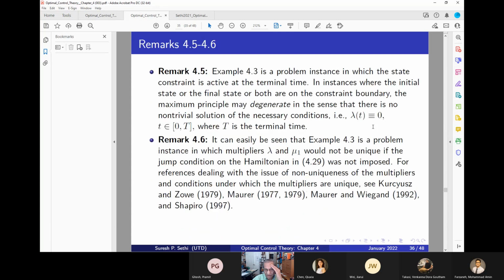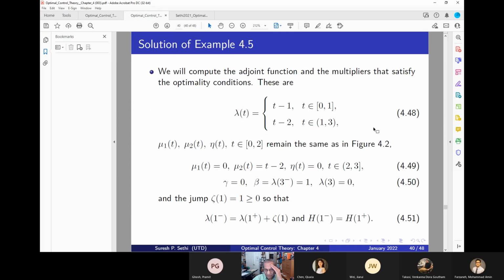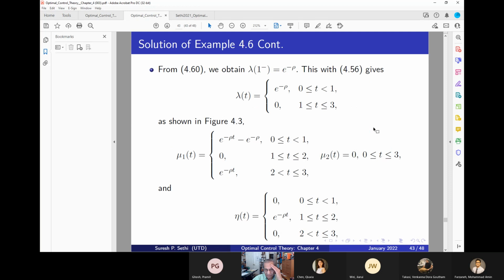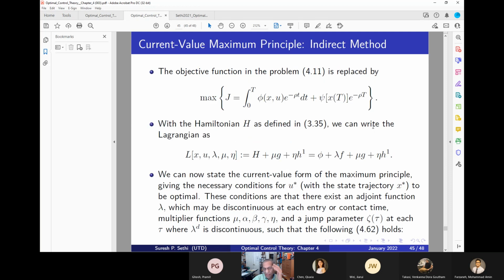Where are we? We are here. This is straightforward. Current value maximum principle for the state constraints. If you want to apply current value, we need to have a Hamiltonian and maximum principle for that. This is something we did before. I don't want to do it again.